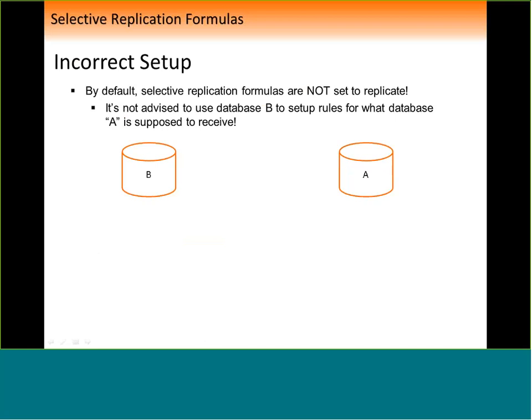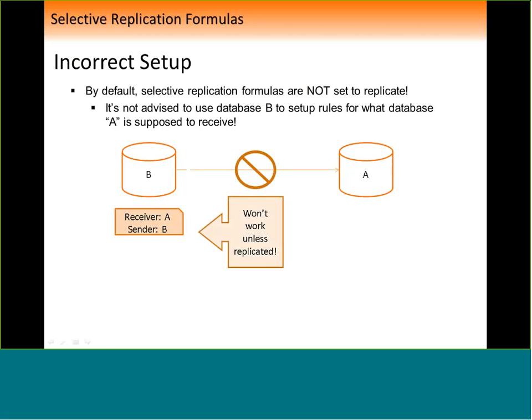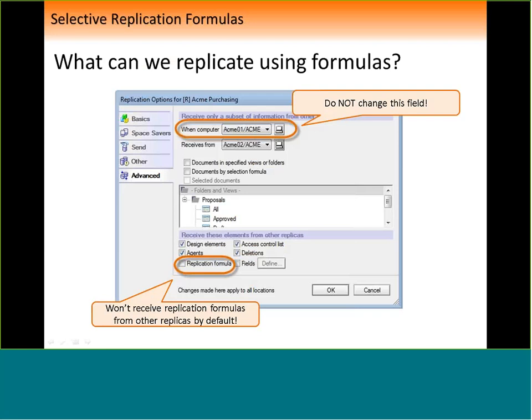What is not correct to set up this way is if I set up what should happen when replica A receives something from replica B, and I want to do this on replica B. Because when we do that, if we do not replicate this selective replication formula, this is not going to work because we need to set this up on replica A to say what is going to happen when this replica receives from replica B. Why it is kind of a tricky thing to do is because when we set up selective replication formulas, they are by default set not to replicate.